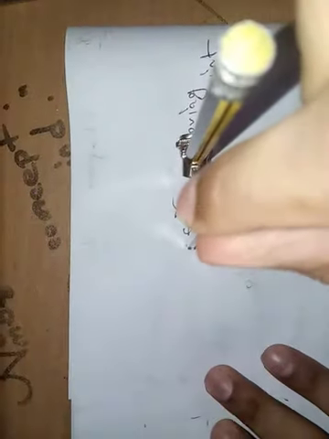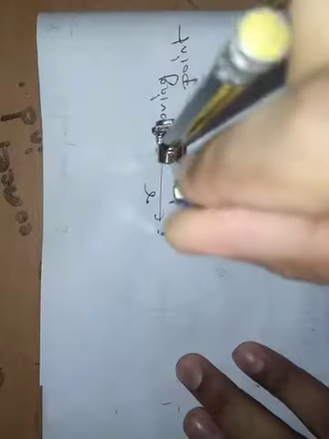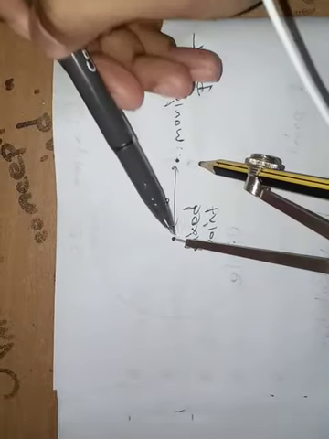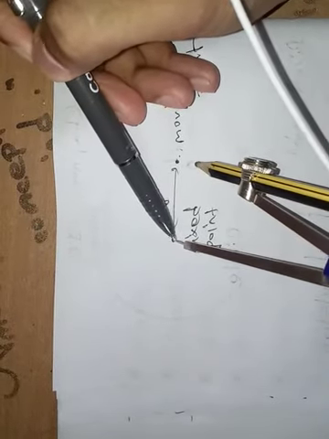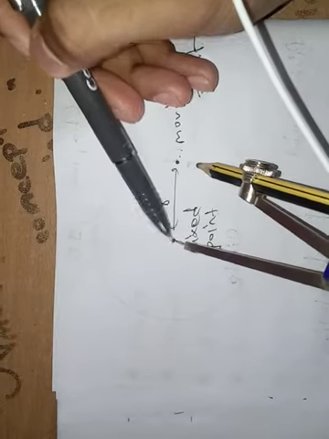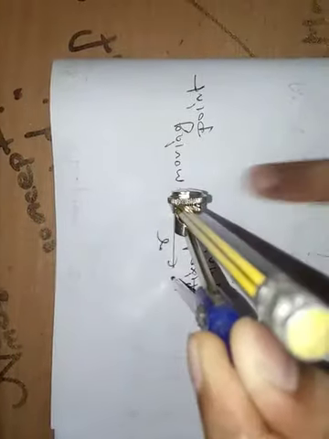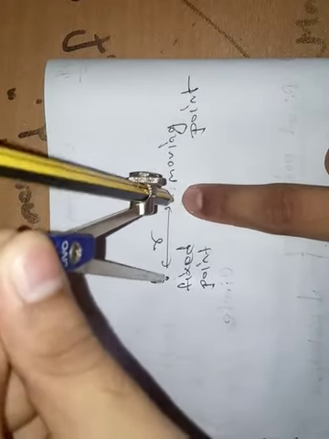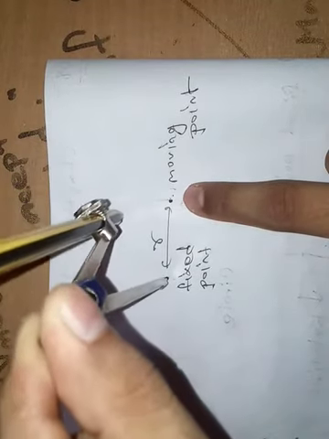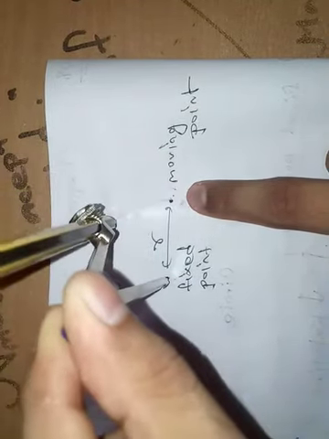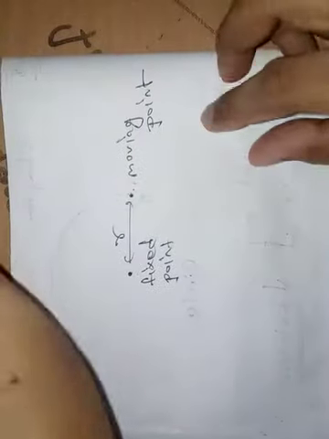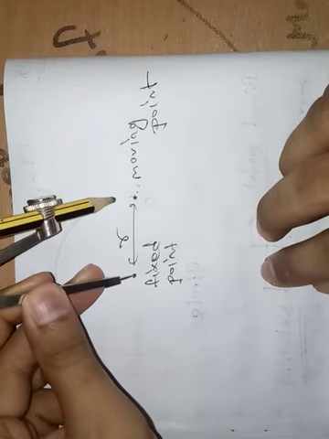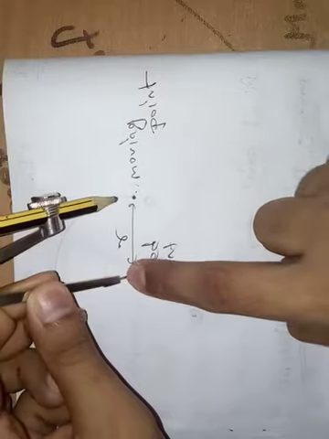Now I'm following the relation. I'm moving the point. See, this tip is fixed in that point, but I put the pencil on the moving point and gradually change the position of the pencil. This one is fixed.